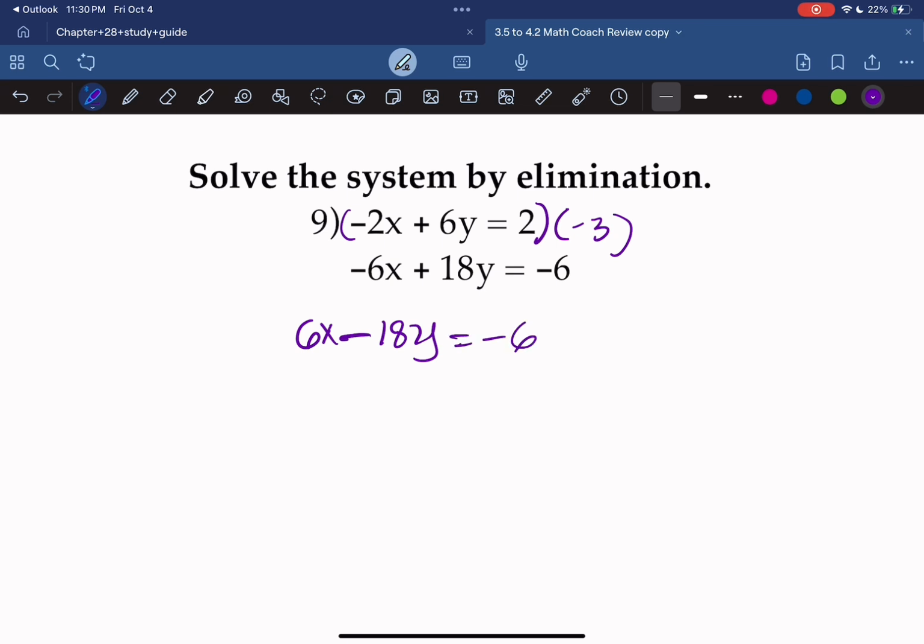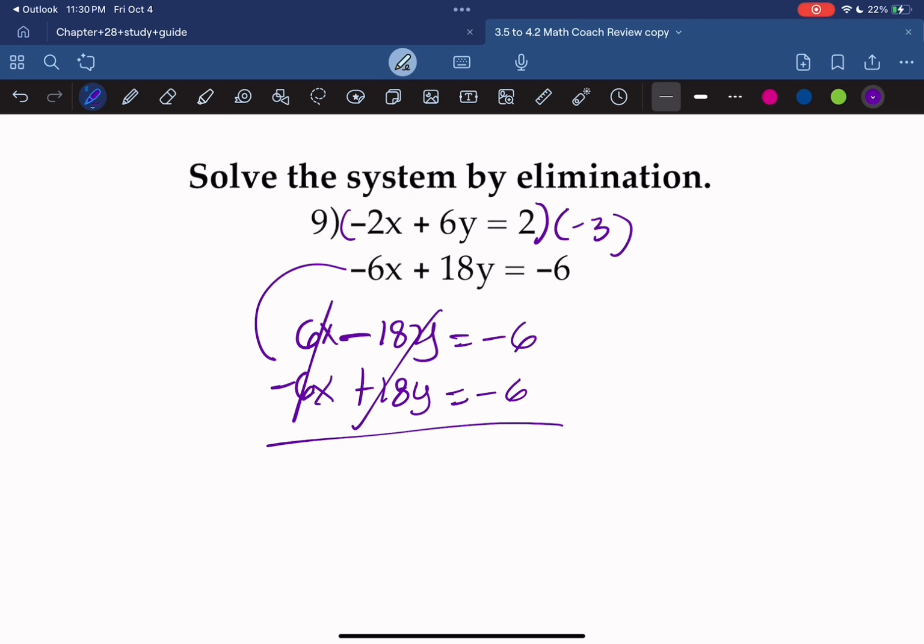And then bring this equation down, negative 6x plus 18y equals negative 6. Combine like terms or cancel. This cancels, and this cancels, and this also cancels. And what does that mean?